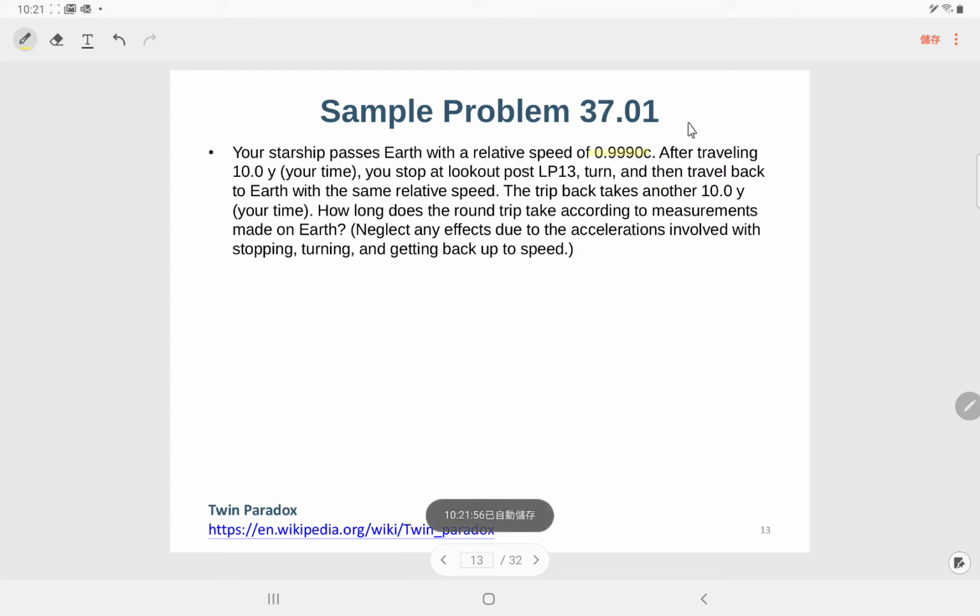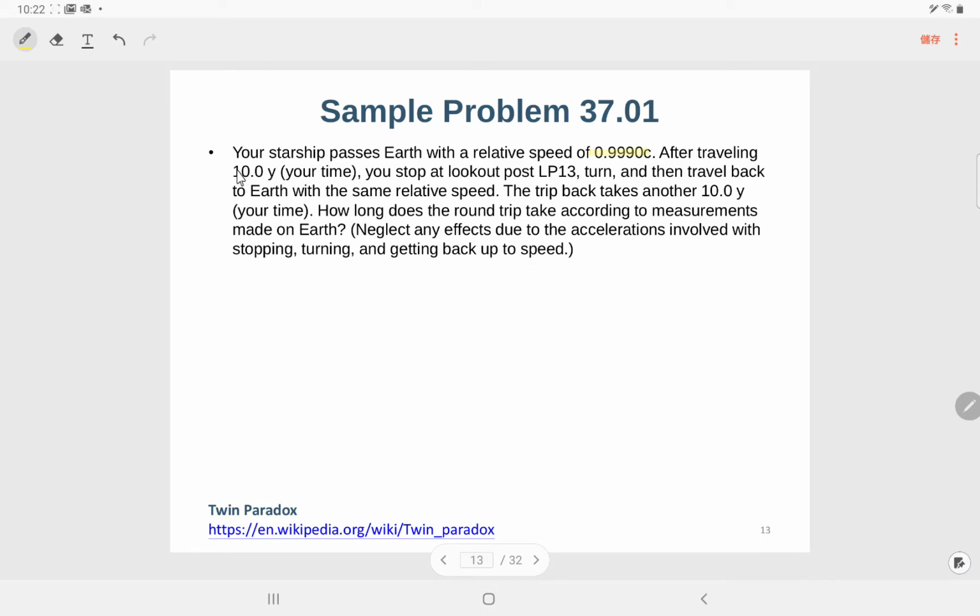Because if we just move at a normal speed like in a rocket, a few kilometers per second is already quite fast. But when you're talking about interstellar travel, then it's not really possible. So assume your starship passed the Earth with a speed of 0.999 c.